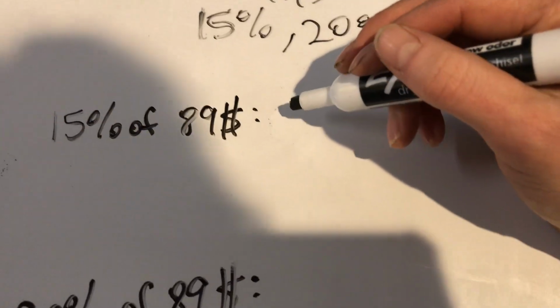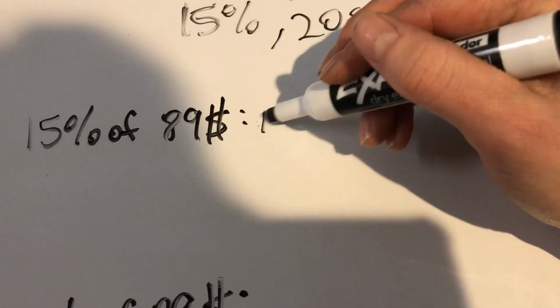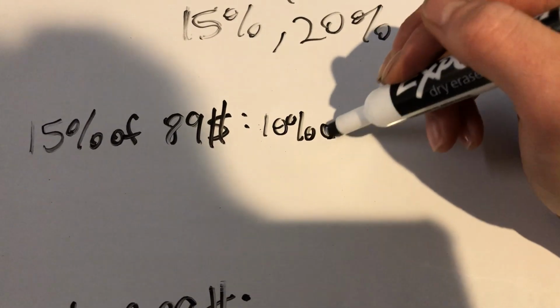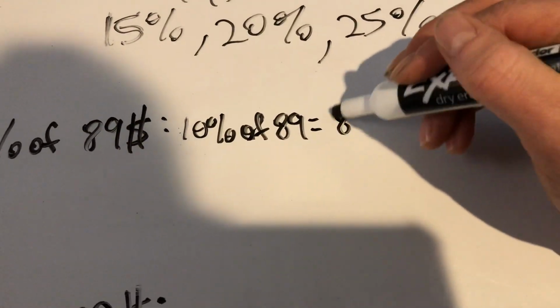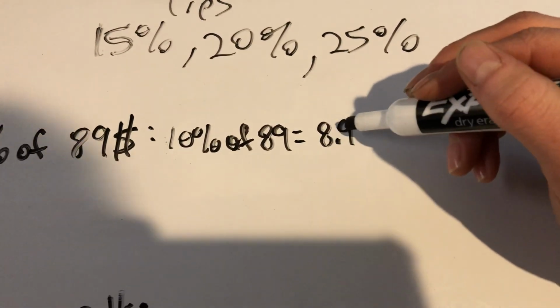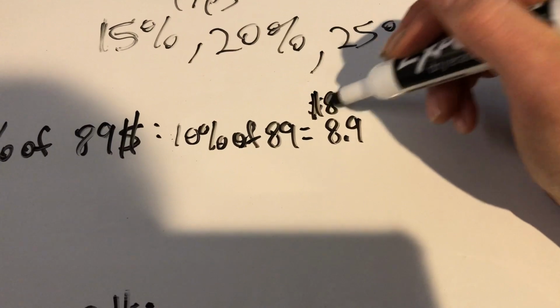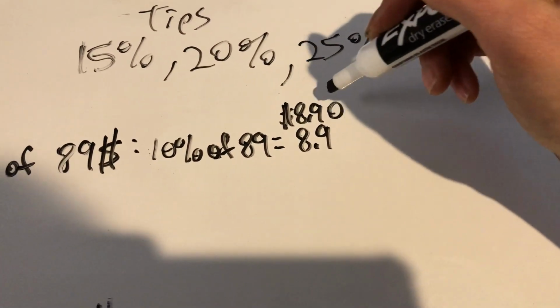So first one, let's say 15% of 89. What we can do here is imagine 10% of 89, which equals 8.9. So all we had to do is simply move the decimal over to the left one time. So you get $8.90. Next step is to cut this $8.90 in half, so you divide that by 2.